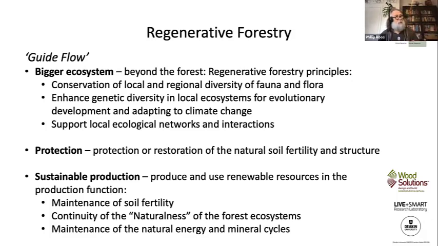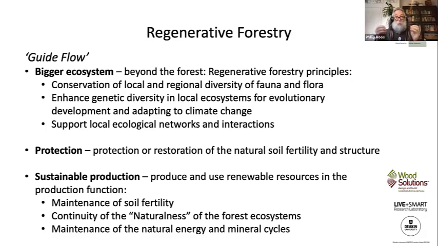Now, when you look at regenerative forestry, your sustainable production is not just about a sustainable production of timber, but it's about how to produce and use renewable resources in the production function itself to maintain that soil fertility, to result in a continuity of the naturalness of the forest ecosystems.